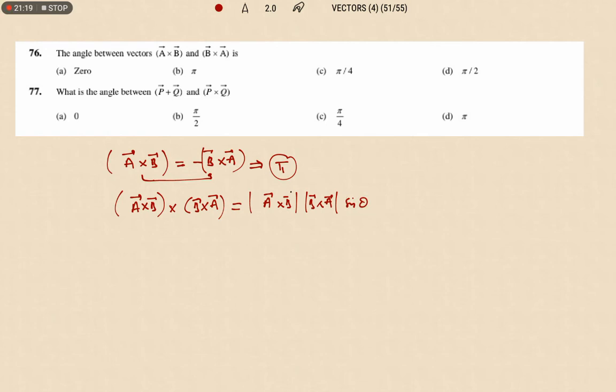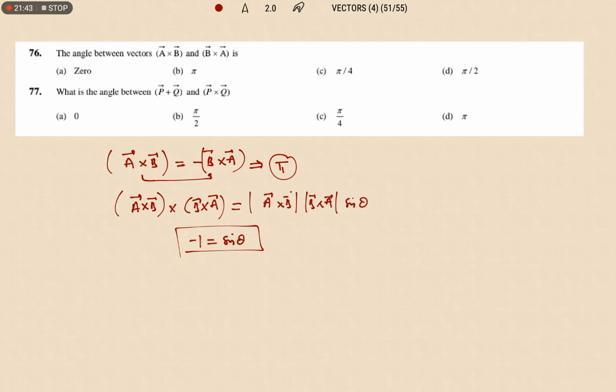Even if you write like this, taking A bar cross B bar equal to minus B bar cross A bar, we get this magnitude as minus 1.